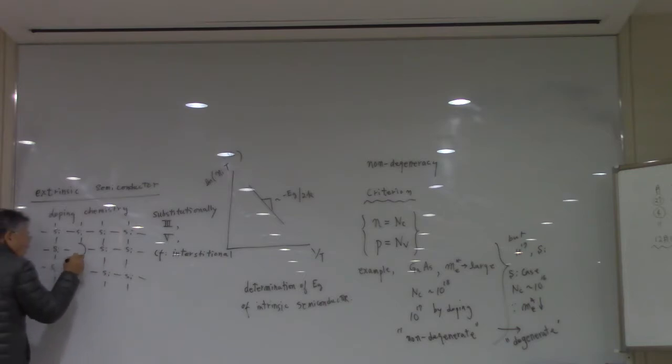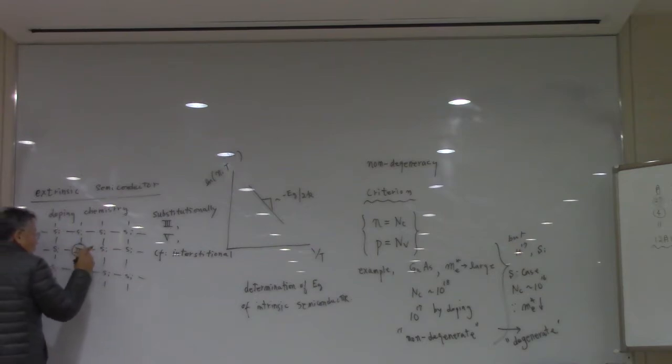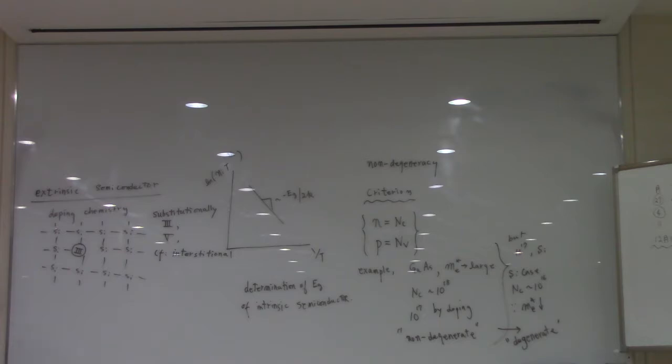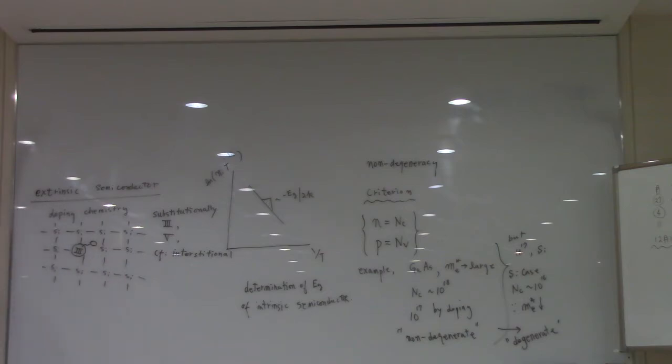So if a group 3 element replaces it, you're going to have a lack of one bond there. We just call this one hole attached to this, the missing bonding.